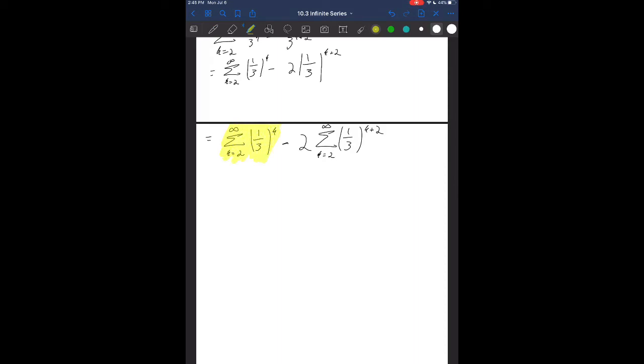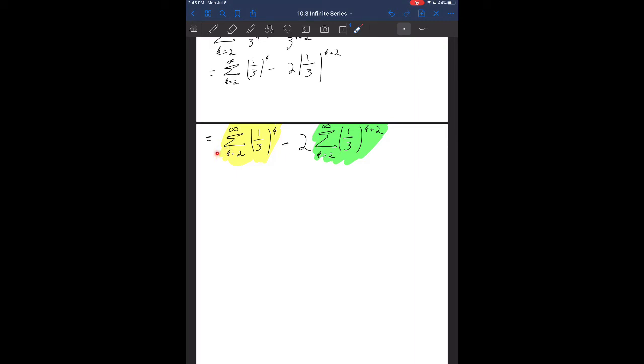And now all we need to do is figure out what these two sums are. This sum and this sum. And this is going to tell us whether this series is going to diverge or whether it's going to converge. And it ends up converging in this case.